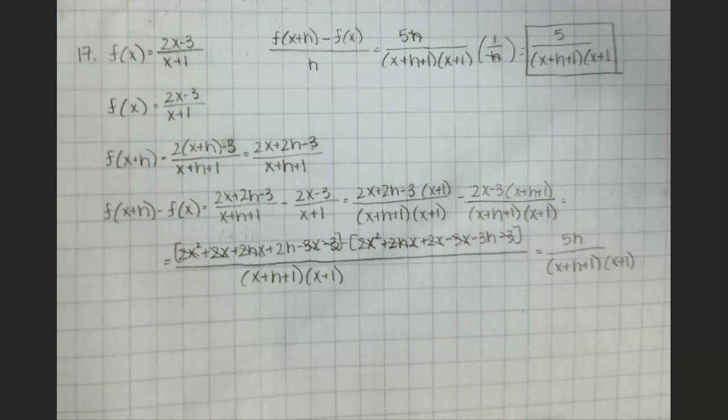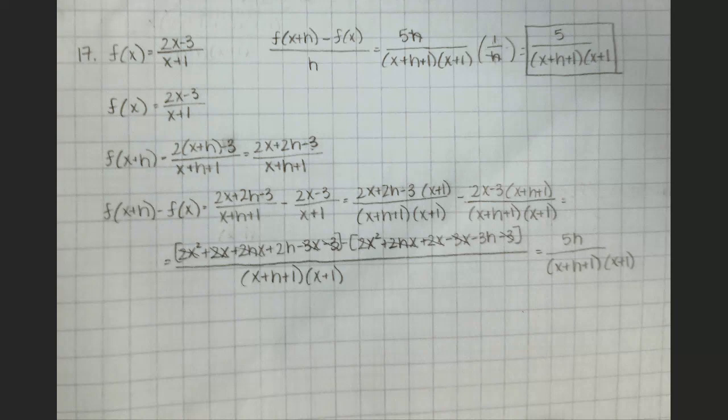And when you simplify, it's 2x plus 2h minus 3 over x plus h plus 1. And then I calculated the difference between f of x plus h and f of x. So I just input those values that I got earlier.